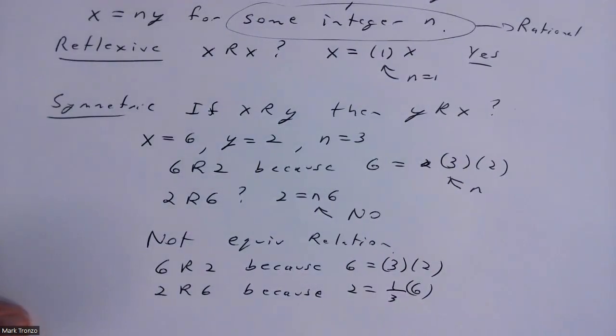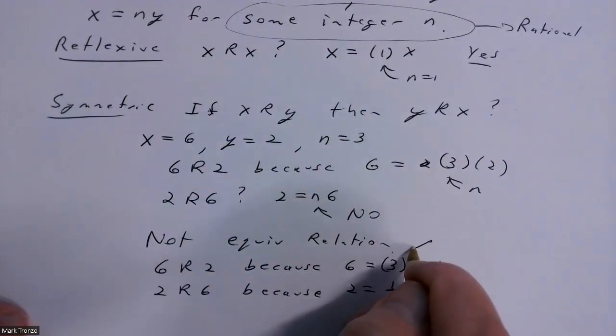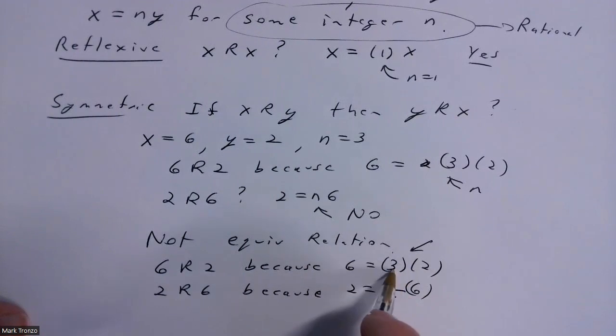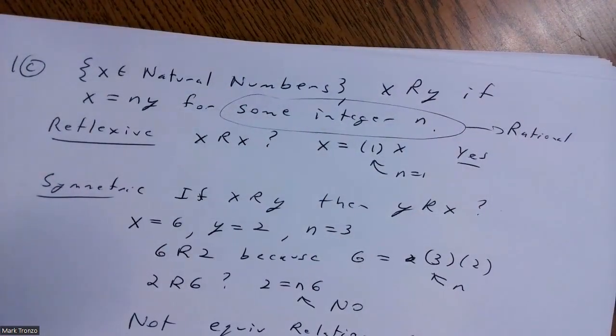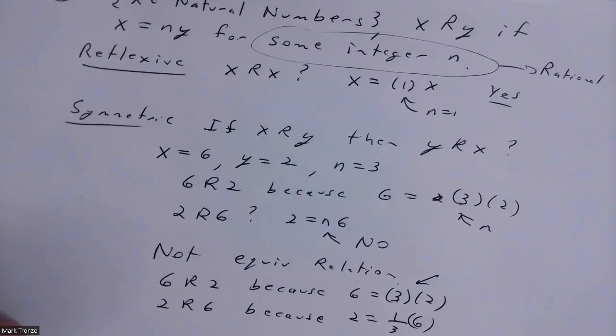Like Emmy said, in this case we used one number, and here we use a different one, as long as we can find one in our set. But in this case, since it was an integer, we couldn't do it. Any questions on that?